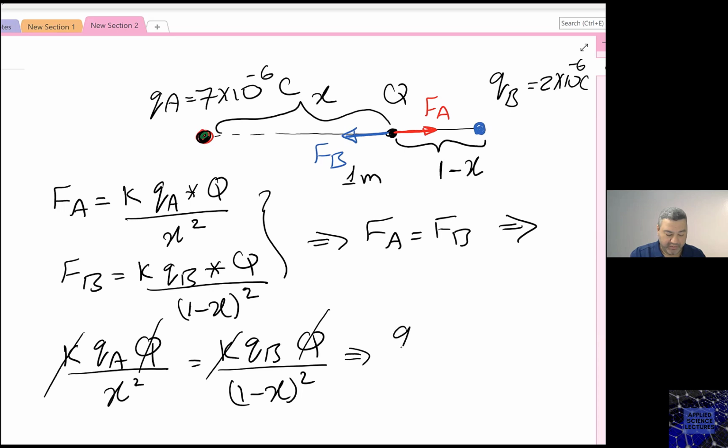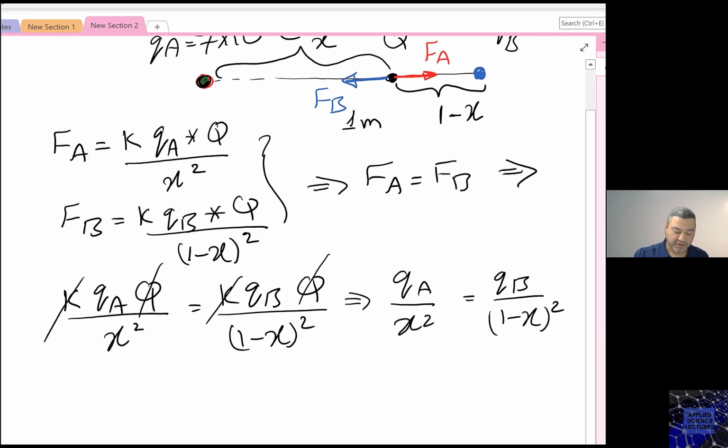QA over X squared equals QB over 1 minus X squared. So let's substitute now.